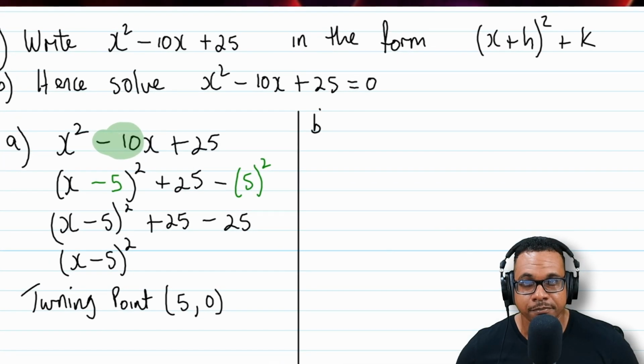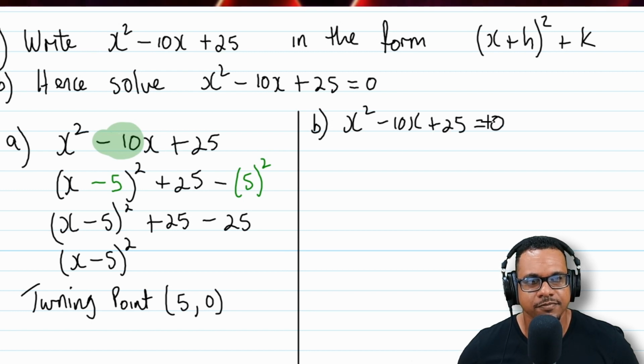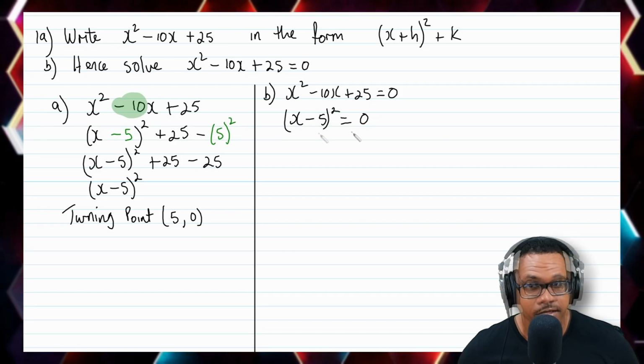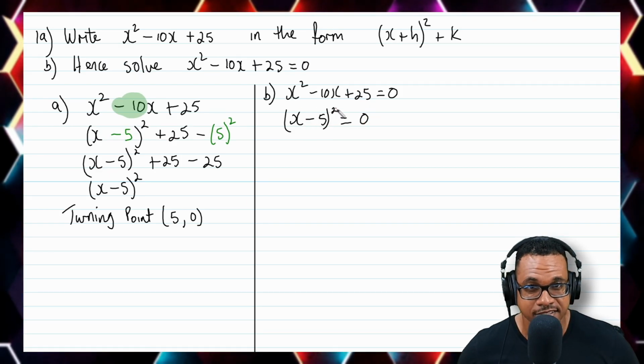So I'm going to write for part B, x squared take away 10x plus 25 is equal to 0. So that's going to mean x take away 5 in brackets squared is equal to 0. So now the first thing you must do here is get rid of the square sign. So we'll have to take the square root of both sides of the equal sign. If we take the square root of this side, it will cancel the square.